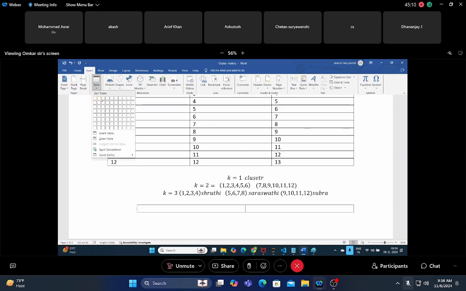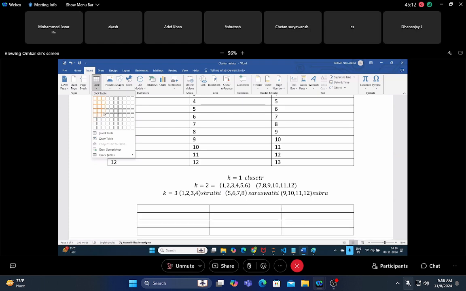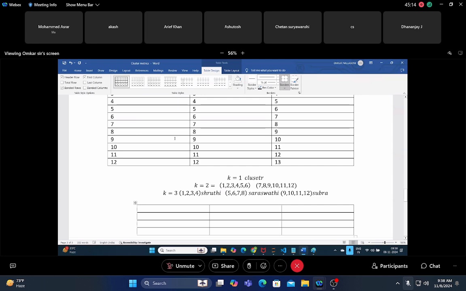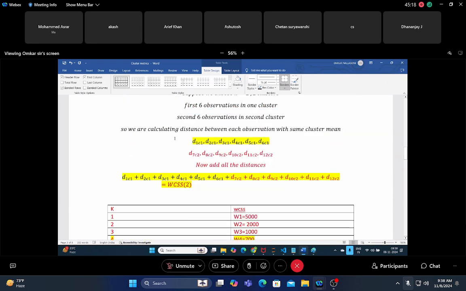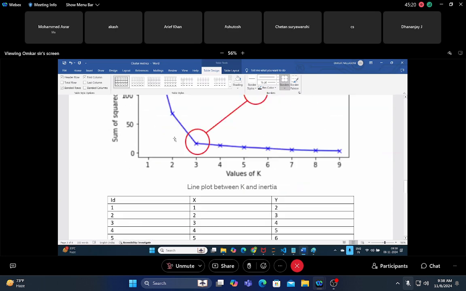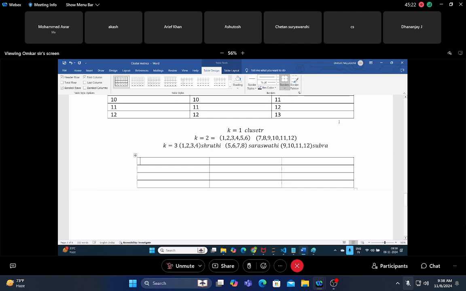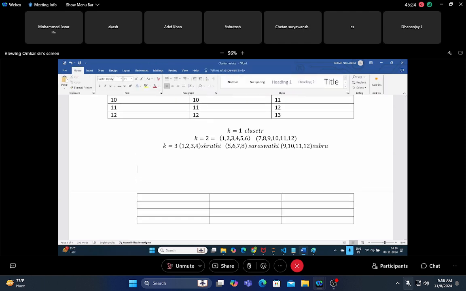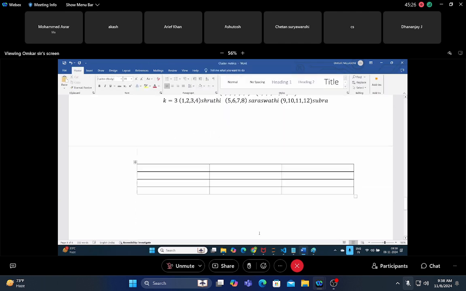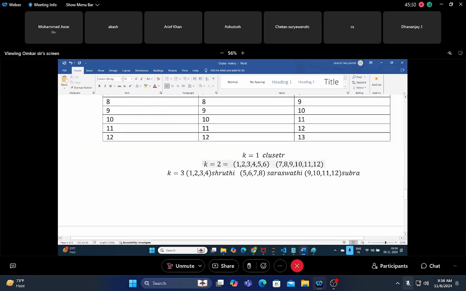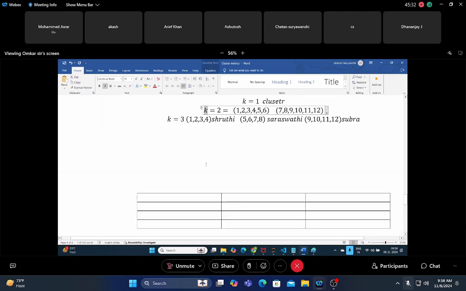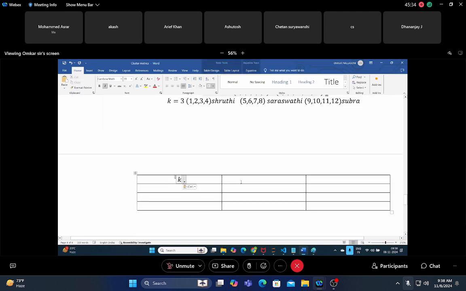K. Distance formula, that's all. You know the distance formula, Jaya? X2 minus x1 whole square plus y2 minus y1 whole square. That only. Here K.